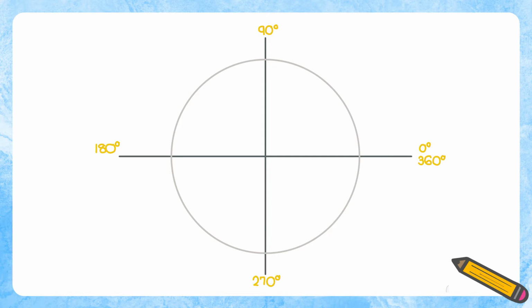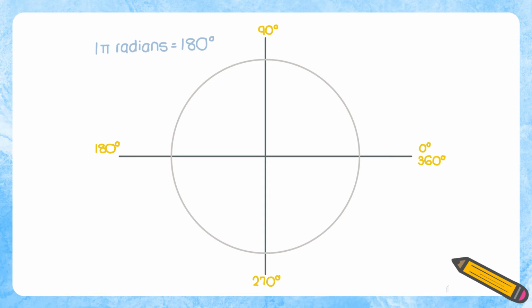And just as a quick review, quadrantal angles are the angles where the terminal sides lie directly on the x-axis or the y-axis. So we looked at quadrantal angles written in degrees, but today we're going to take a look at quadrantal angles in radians.